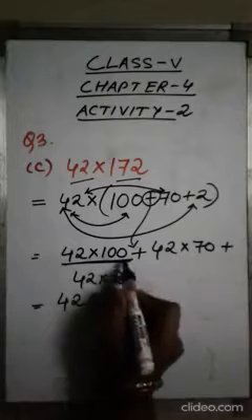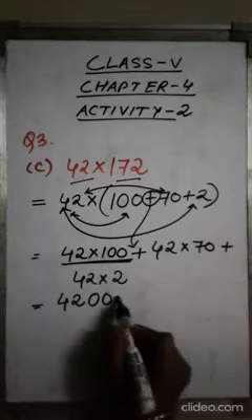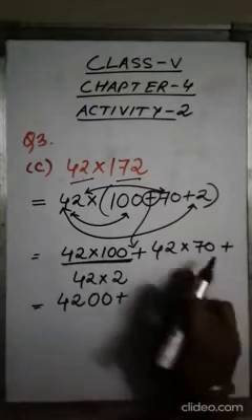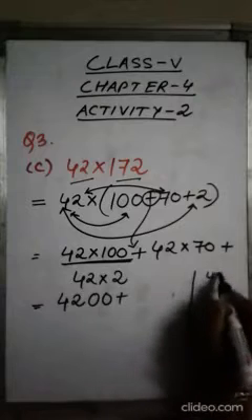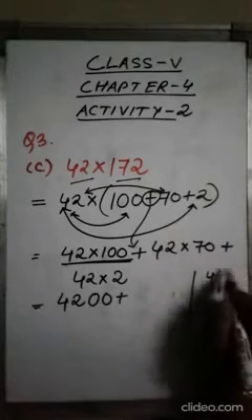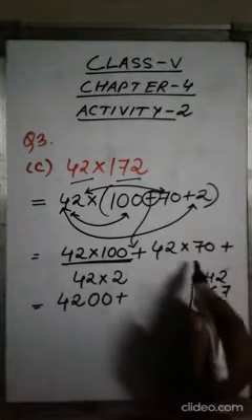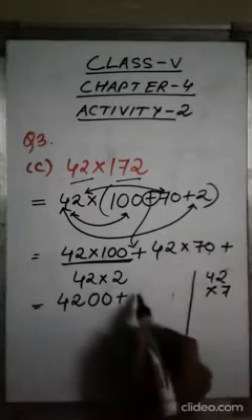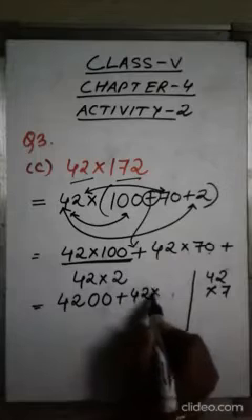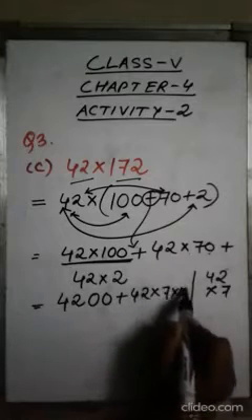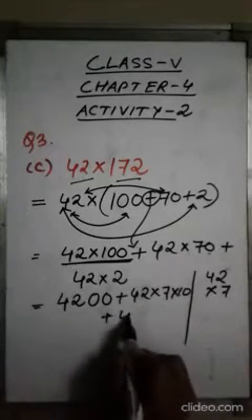4200, this 20 you have to just put here. 42 into 7, because this is 42 into 7 into 10 plus 42 into 2.